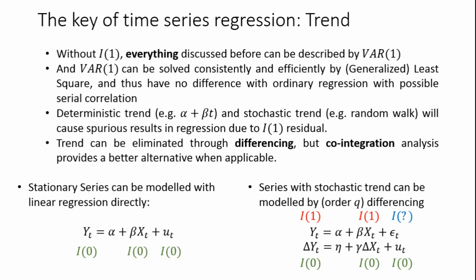So trend can be eliminated through differencing, but cointegration analysis provides a better alternative when applicable. Stationary series can be modeled with linear regression directly. Series with stochastic trend can be modeled by order Q differencing.